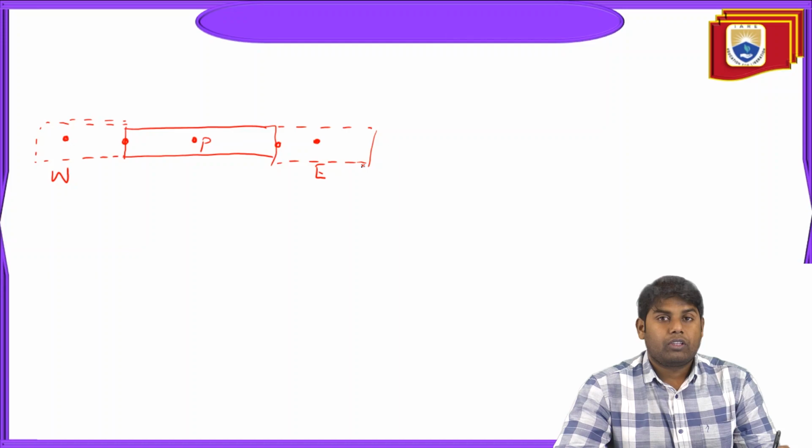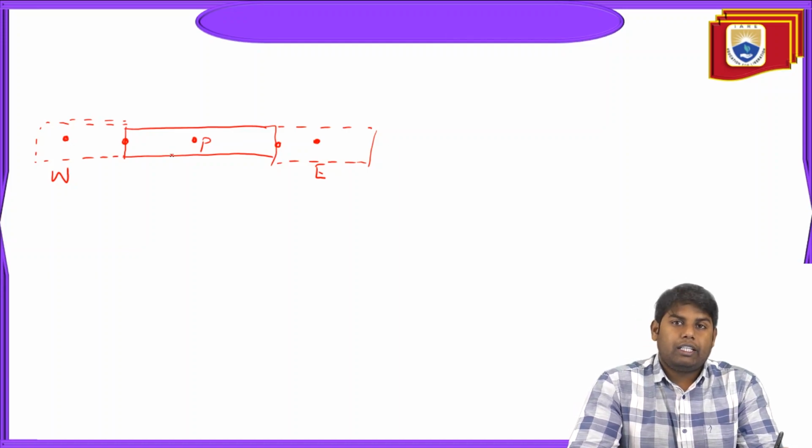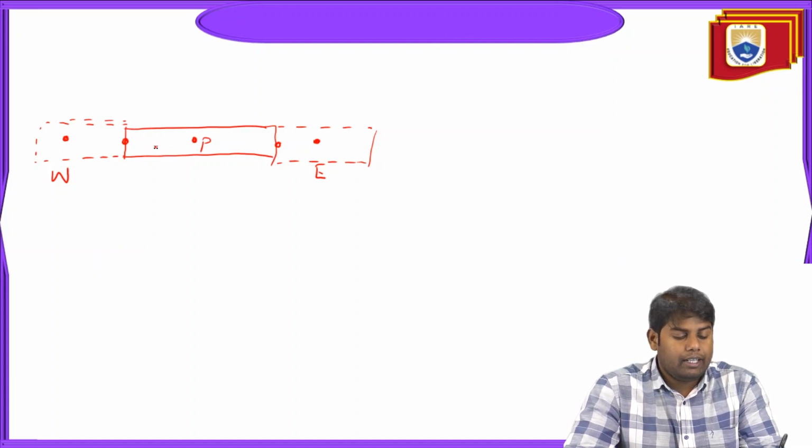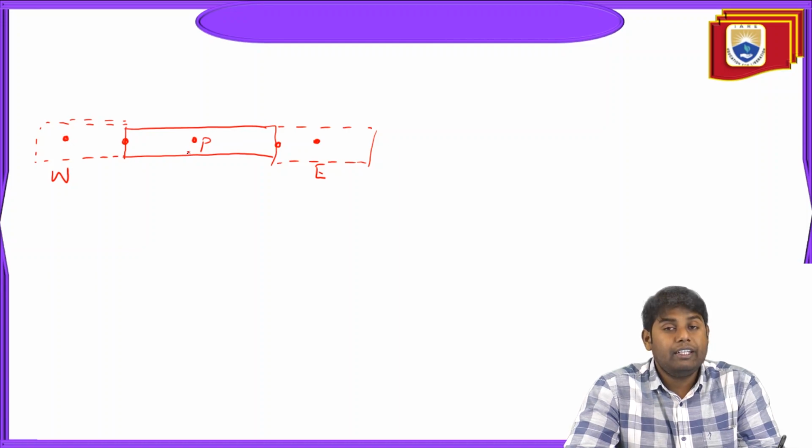Okay. So what we are doing is locating the point of interest, or the node of interest, and we are depending on the neighboring points. Fine. So here we have west, we have east. Why? Because we are taking 1D.